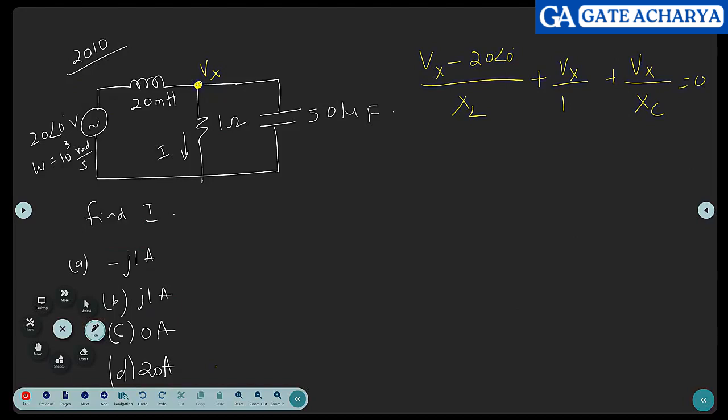What is XL, by the way? 20j. What is XC? Minus j20. That's all. Substitute. Finished.